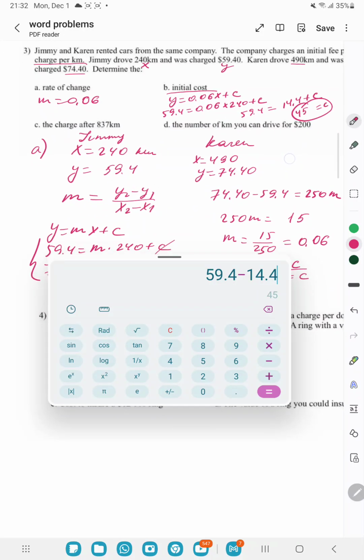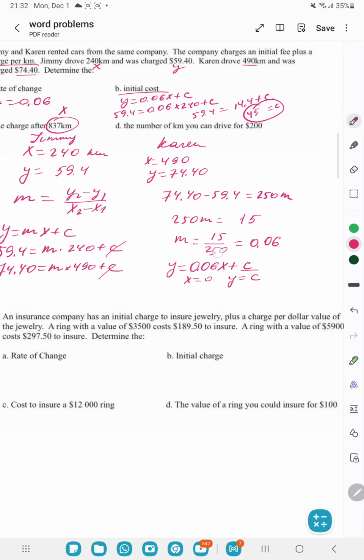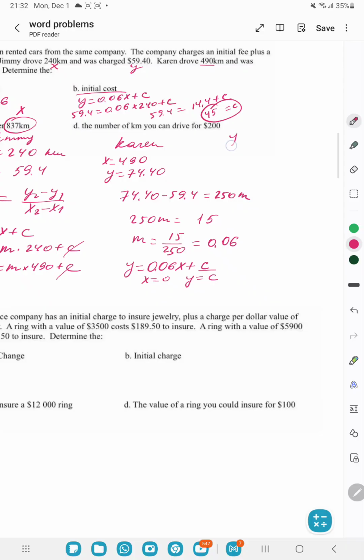Now let's do C1. The charge after 837 kilometers. So this is the x value. What will be the cost if you travel 837? So let's rebuild our equation: y equals 0.06x plus 45. We found it, it's our function.